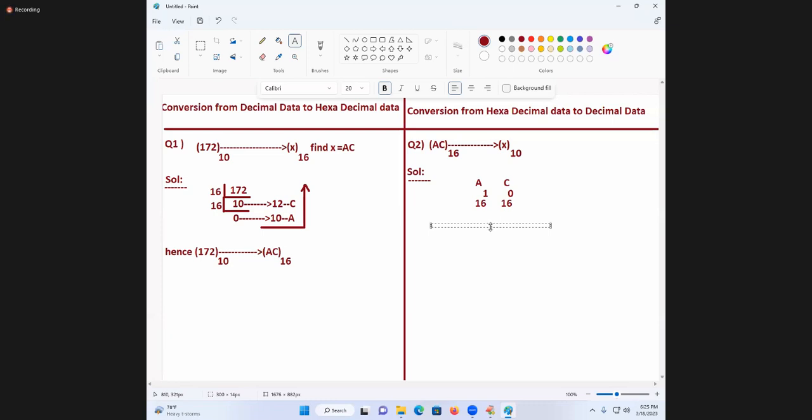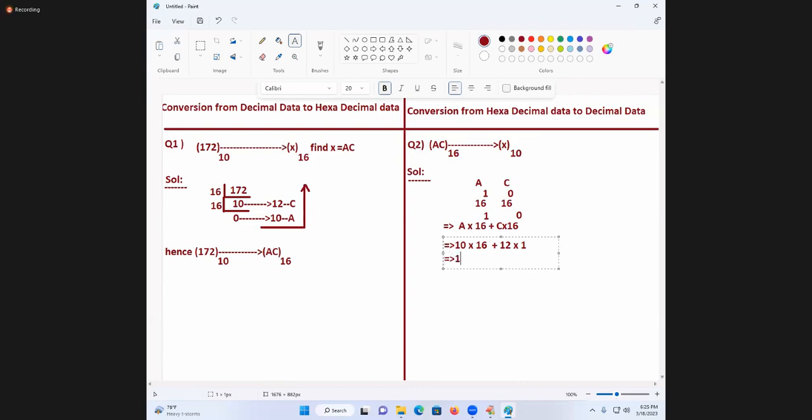Now I am taking A into 16 to the power of 1 plus C into 16 to the power of 0. What is the value of A? 10 into 16 plus 12 into 1.